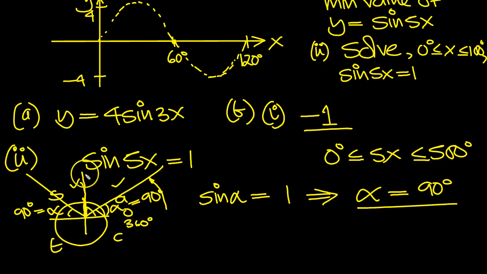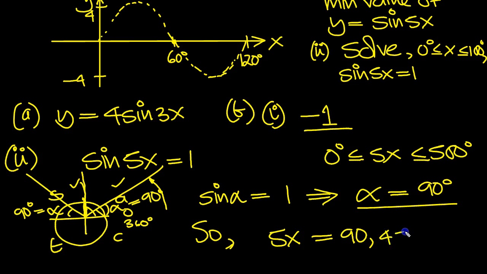So if we go round in our range then, the first solution, 5x is the angle in question. The first possibility is 90 degrees. Then if we keep going round, we get to 360, and another 90 is 450.